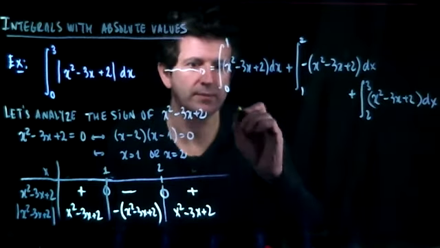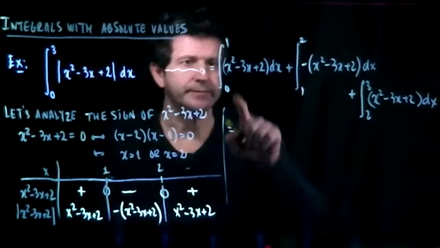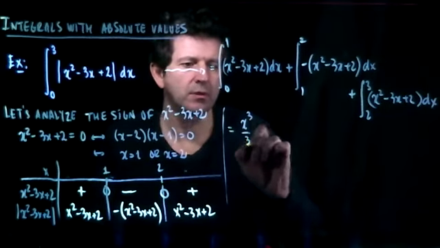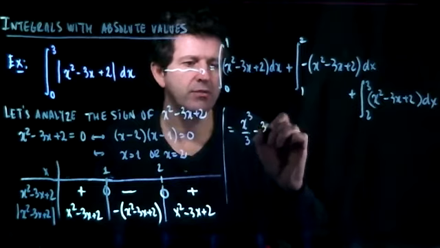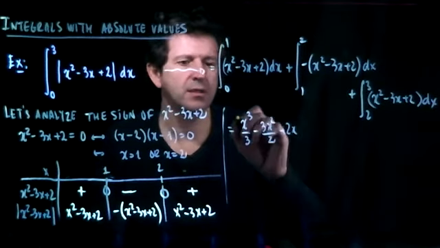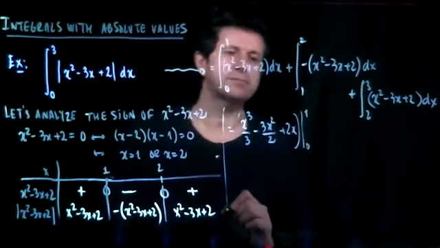Okay, let's finish it off. So this is x^3 over 3 minus 3x^2 over 2 plus 2x from 0 to 1.